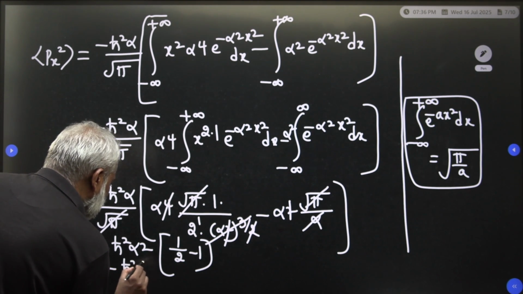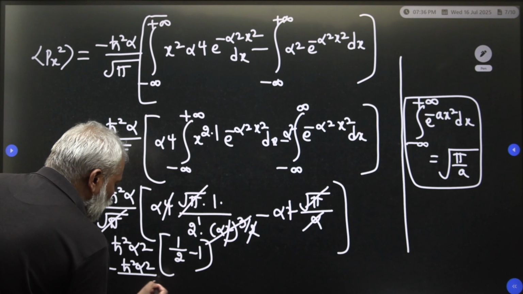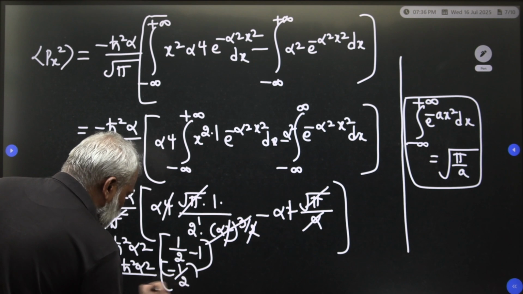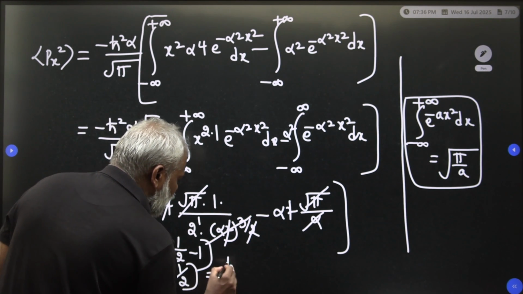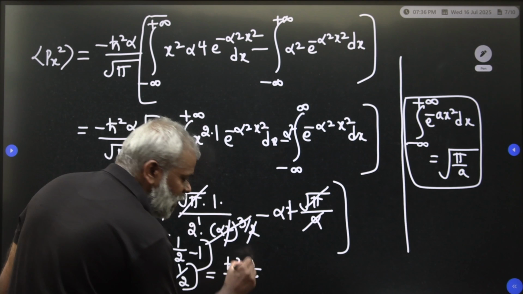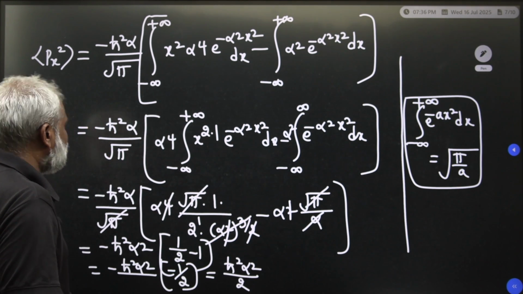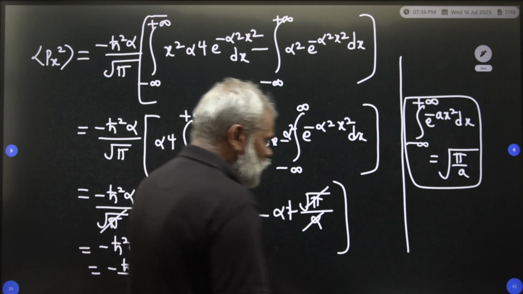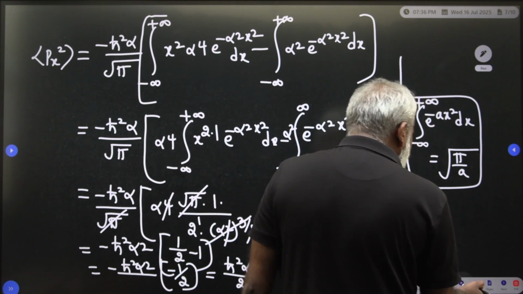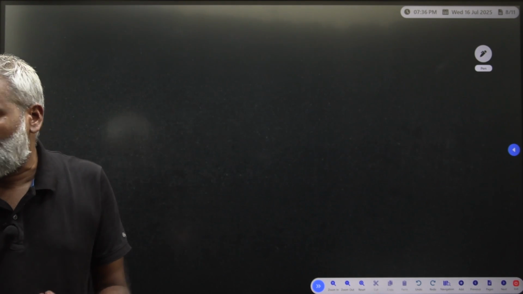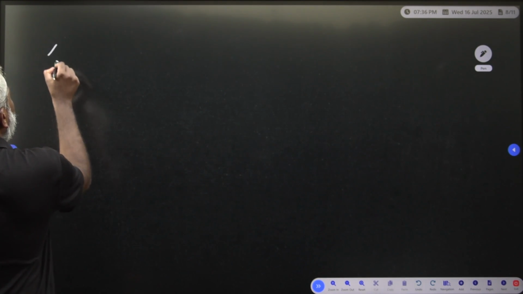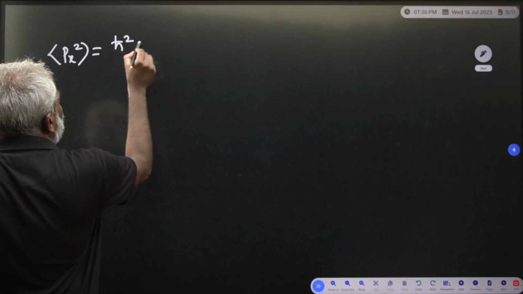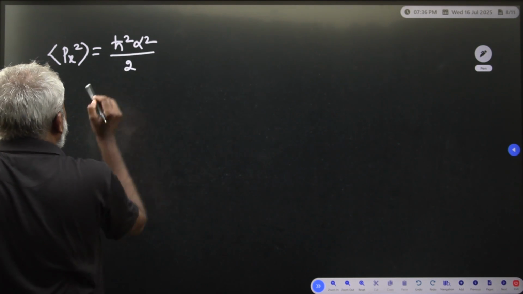Here minus h cut square alpha square divided by 1 by 2 minus 1 is equal to minus 1 by 2, so minus into minus plus h cut square alpha square divided by 2. Therefore, we know that the expectation value of p x square is equal to h cut square alpha square divided by 2.